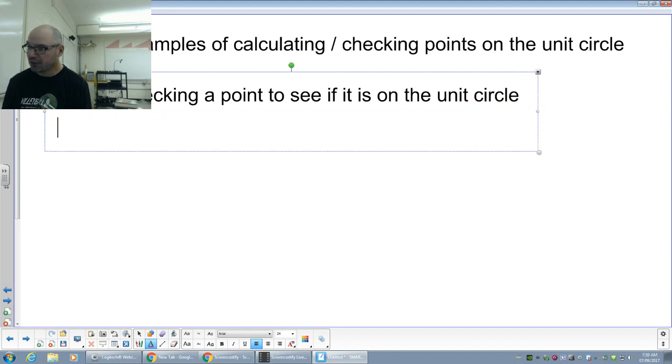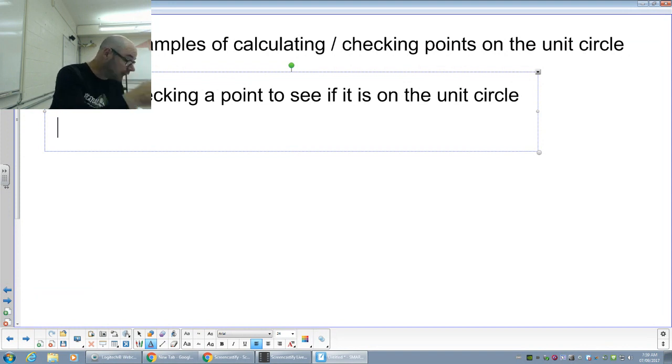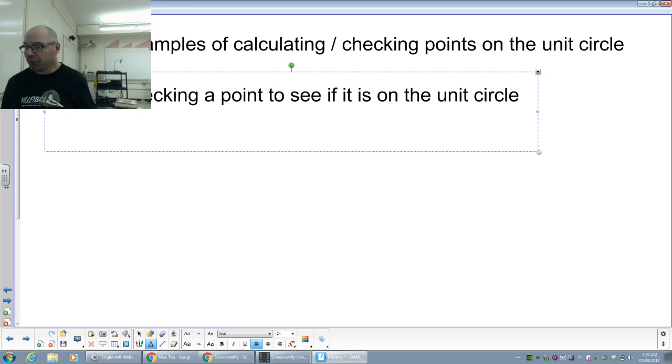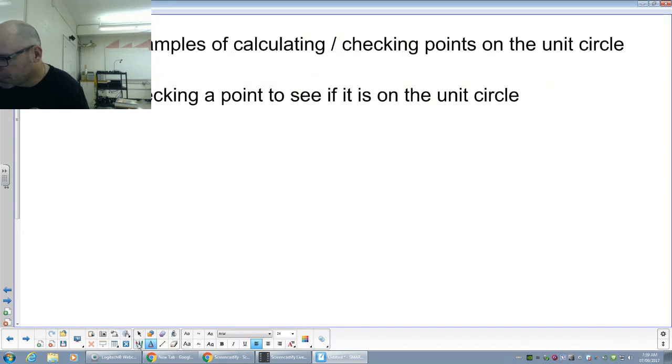Okay, so the best way to do it is just an example. So let's use root 5 over 8. I'm going to have to use the marker because this program doesn't have all the math type stuff on it. Okay, let me get this to the right setting here.